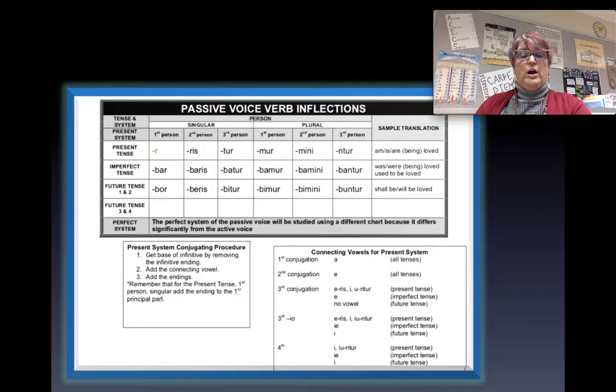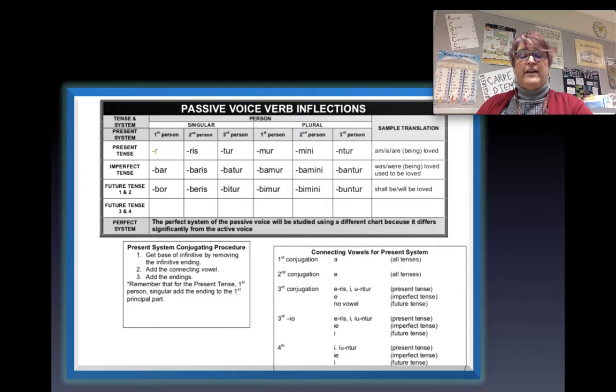The endings are bor, beris, bitur, bimur, bimini, buntur. These are the future tense endings that you will see on all verbs that belong to first or second conjugation. When we are looking at verbs written in the future tense, they will be comprised of the same components that the present and the imperfect tense verbs are comprised of.